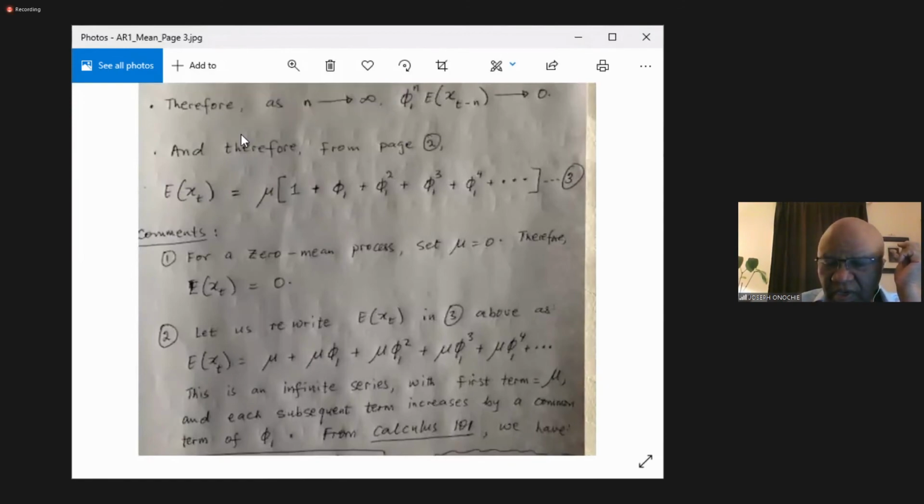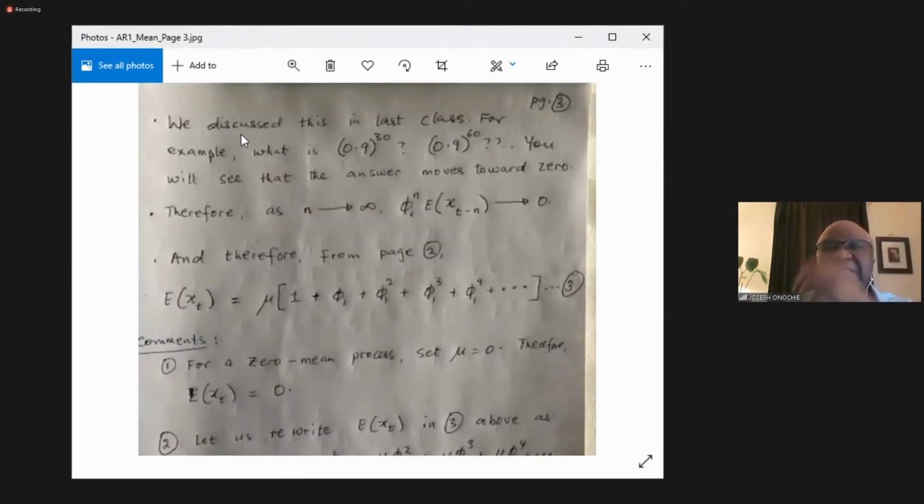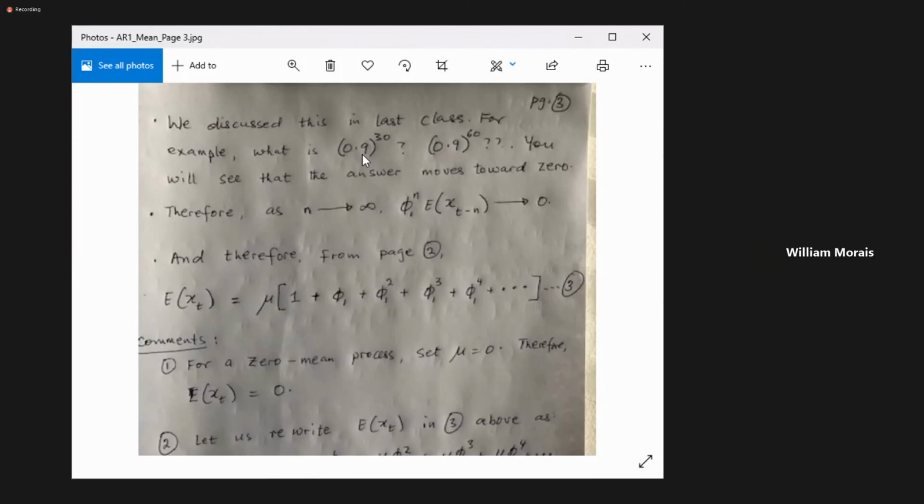If that AR1 time series is stationary, then phi1 is less than 1 in size, okay? Let us say phi1 is 0.9, okay? You guys with me? Yes. Okay.